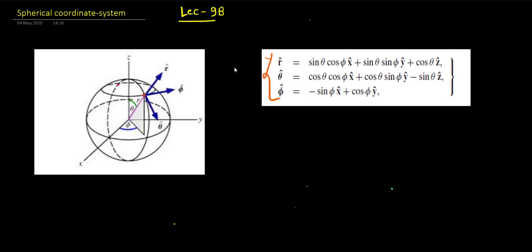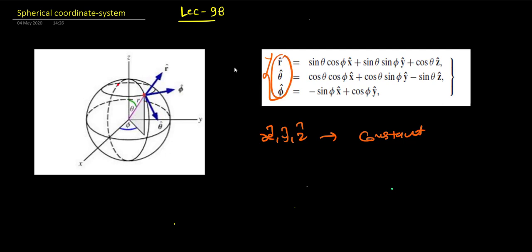In the Cartesian coordinate system, x cap, y cap and z cap were constant. Whenever you are moving in 3D space, x cap, y cap, z cap would be constant, so you can always take them out of the integral. But as you can see, r cap, theta cap and phi cap are not constant.